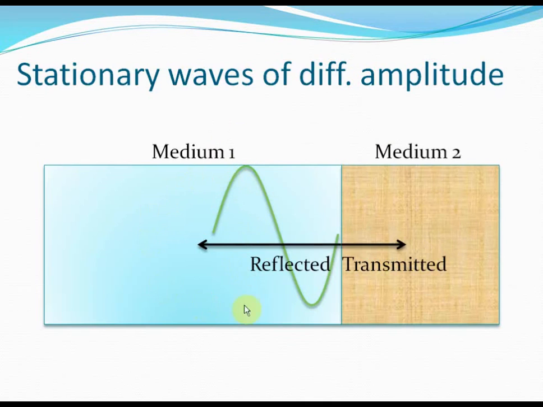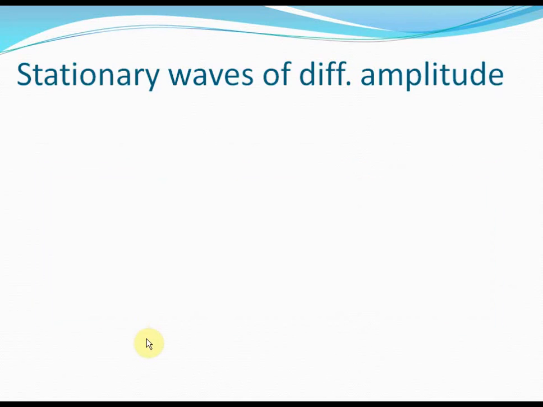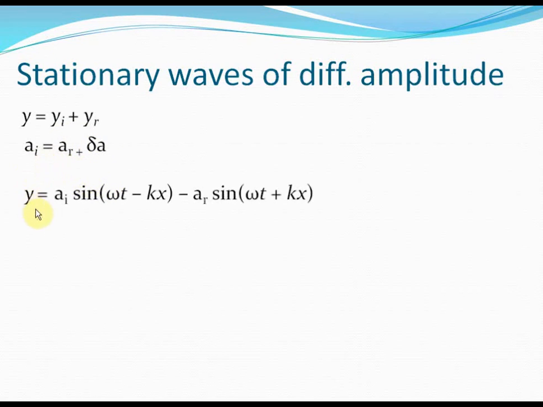So the equation of the stationary wave in this case will have an amplitude of a incident for the incident wave and a reflected for the reflected wave. See how this equation comes out to be. The equation of the stationary wave is equal to y incident plus y reflected. Now if we assume the amplitude of the incident wave is AR plus delta A, that is, an amplitude slightly higher than the amplitude of the reflected wave, then we can write the equation y for the stationary wave as the equation of the incident wave plus the equation of the reflected wave.